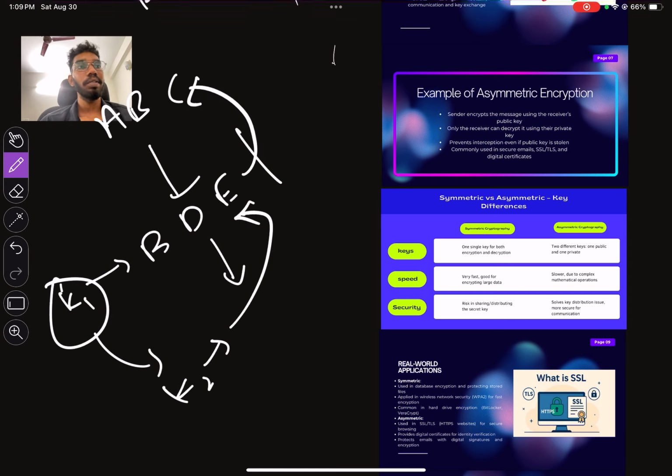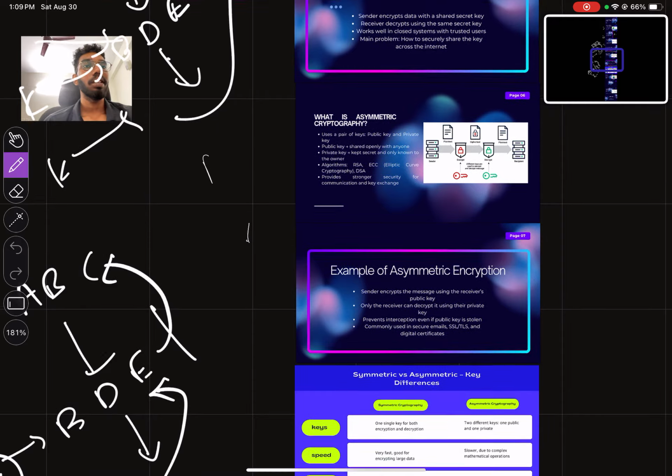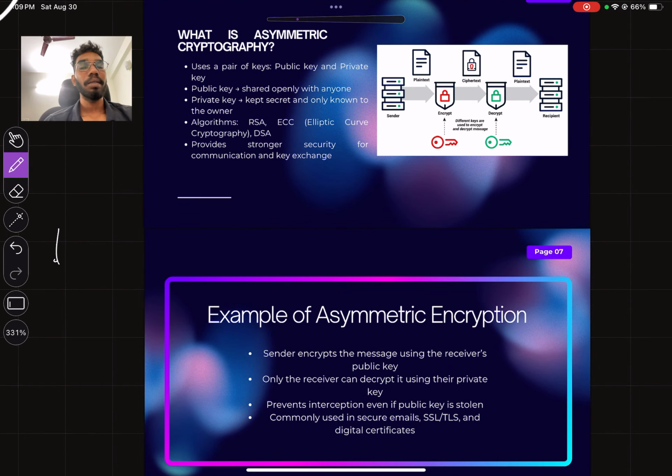So this ensures security because they don't get the actual key; they get a second key, which is more secure. Common algorithms used are RSA, ECC, etc. It provides very strong security for communication and key exchanges.